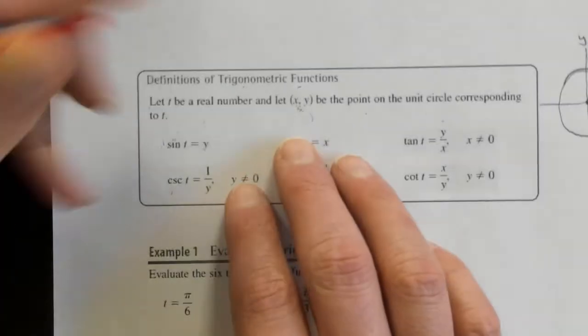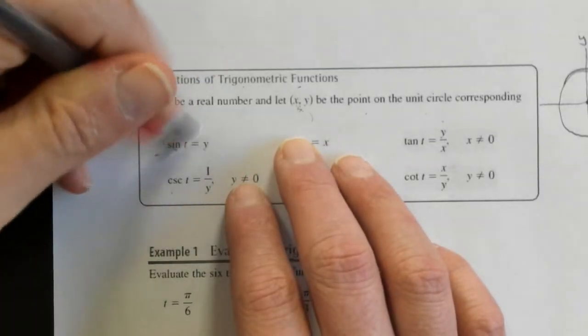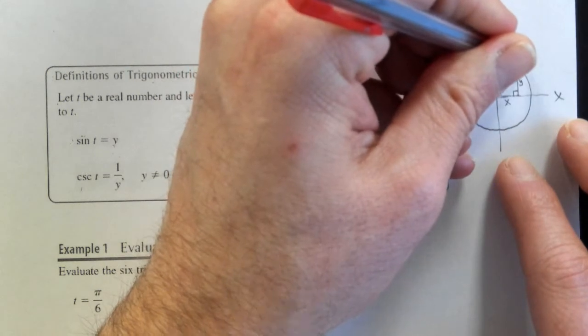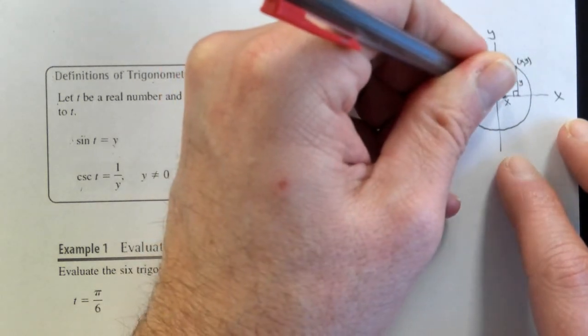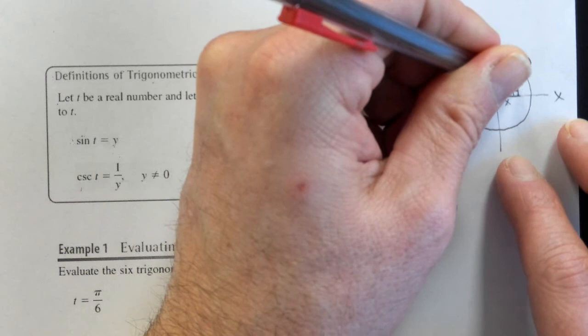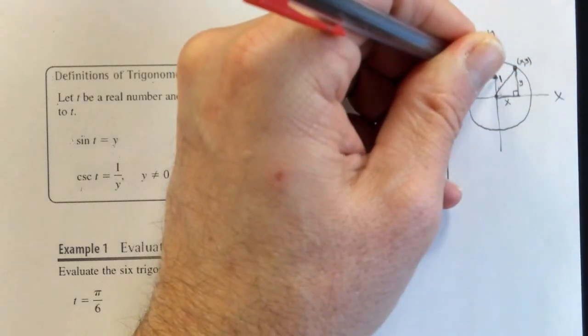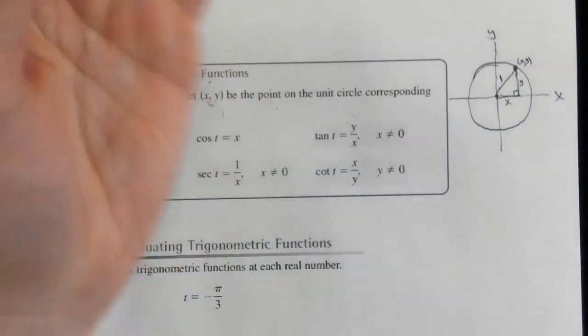Well, I'm going to show you how the formula has been transformed. All right, so take a look at this unit circle. So let's say I have a point right here on the unit circle. Its coordinate would be x comma y, whatever they are. This length would be the x coordinate. This length would be the y coordinate. The hypotenuse is always going to be 1 because it's the unit circle, radius of 1.